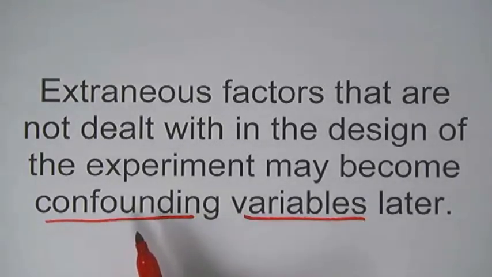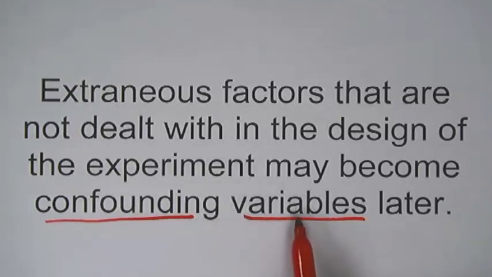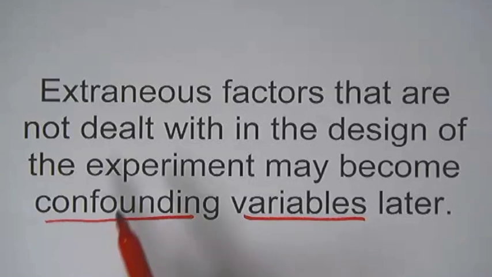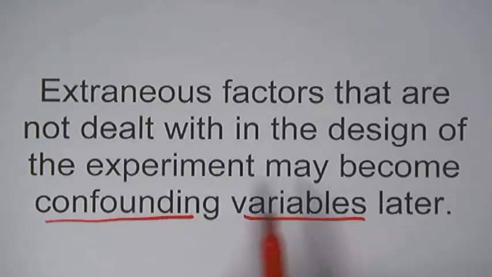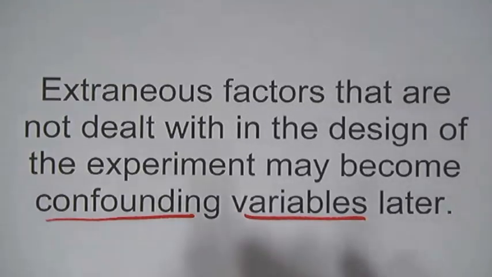A confounding variable is a variable that affects the response variable but isn't really related to the explanatory variable. So a confounding variable confounds the explanatory variable. It lessens the effect of the explanatory variable.